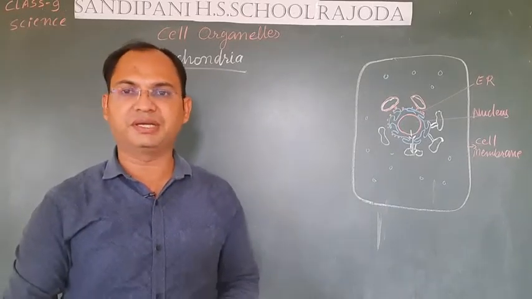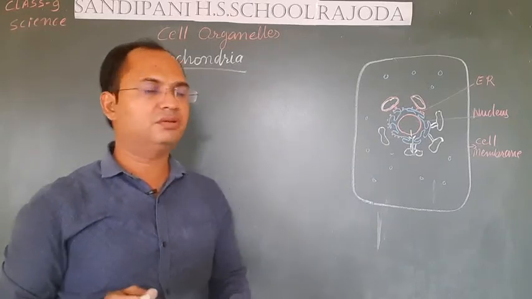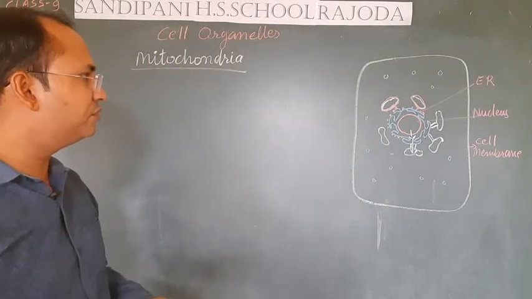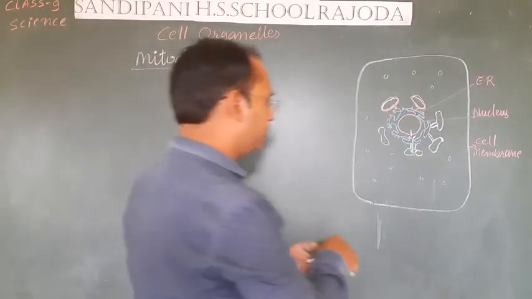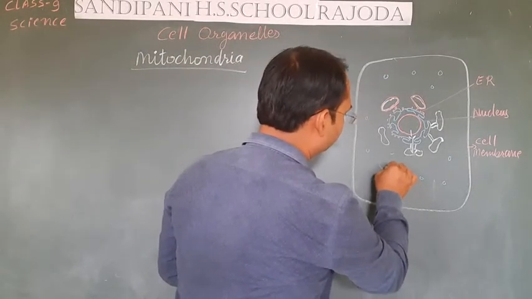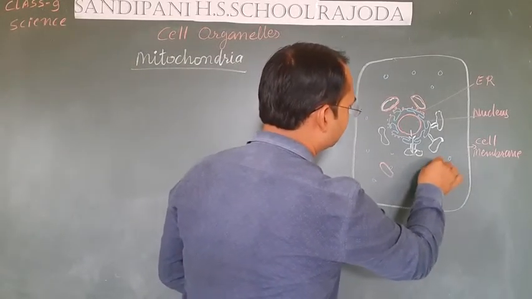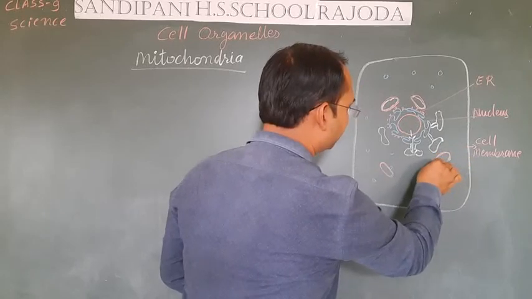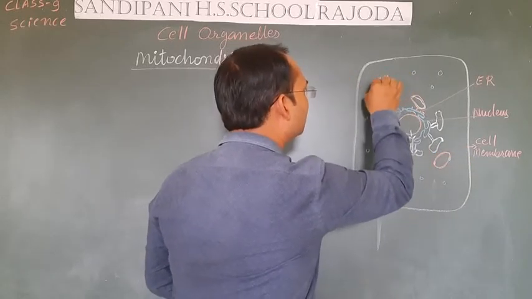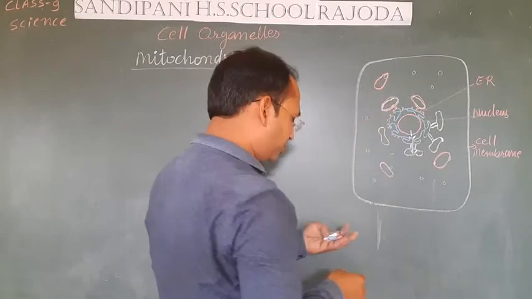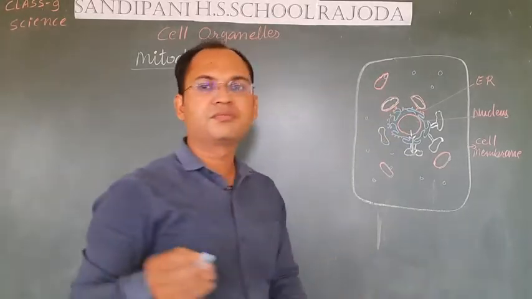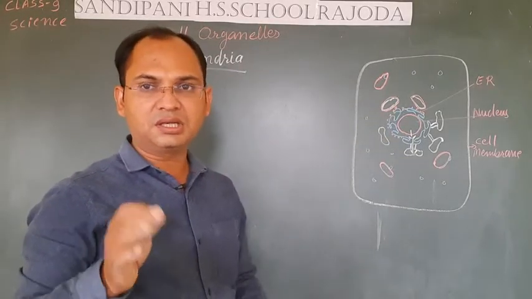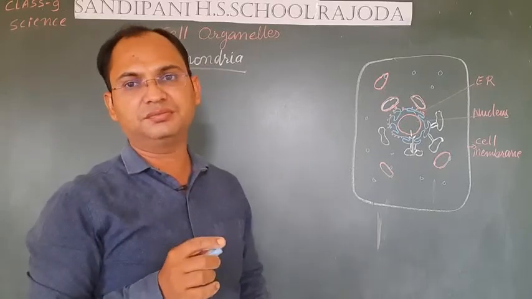First of all, if you see the distribution of the mitochondria, then mitochondria are also distributed here and there in the form of scattering inside the cytoplasm. But students, the mitochondria is a double membrane bounded structure.